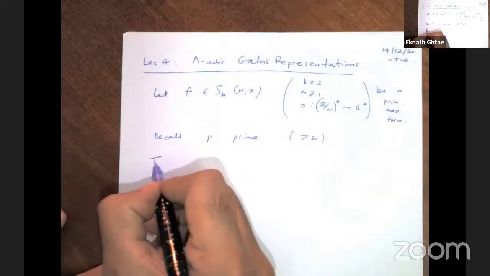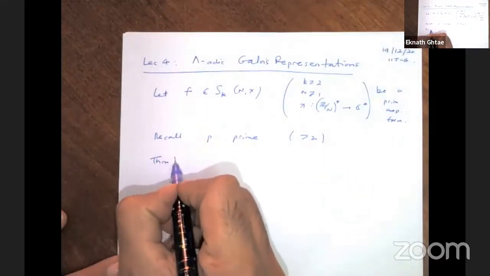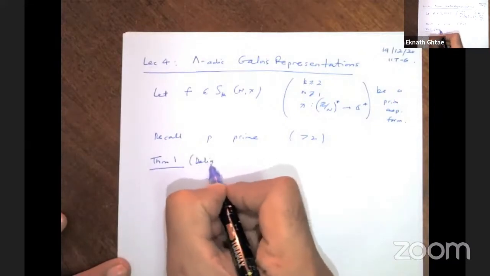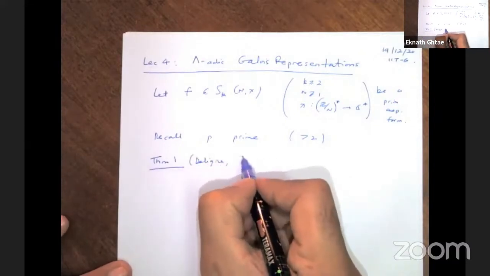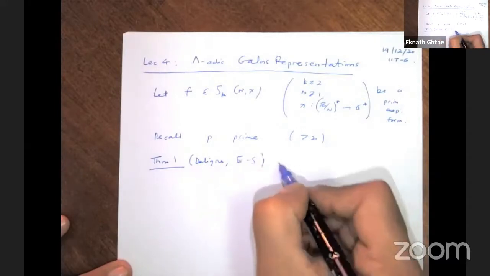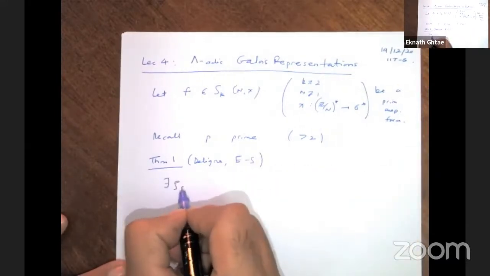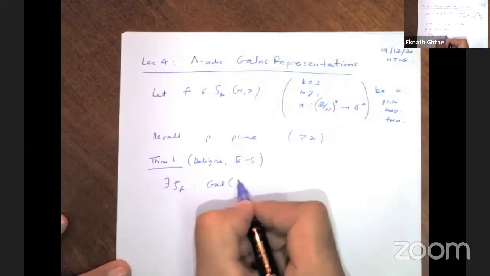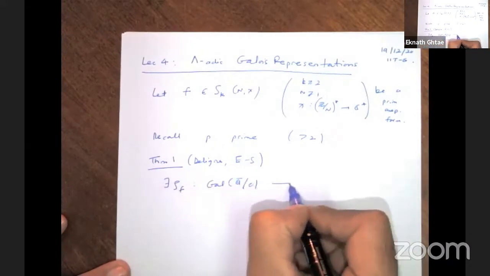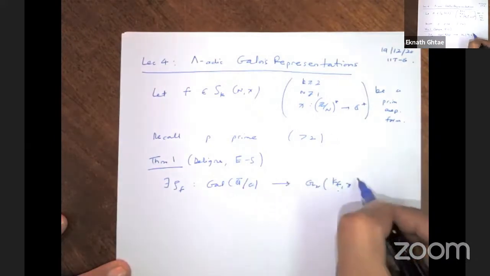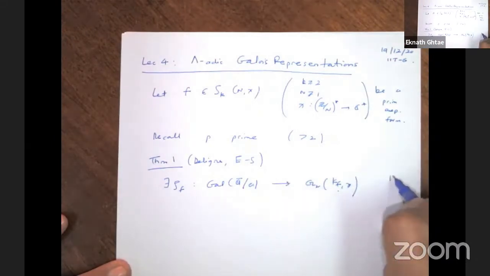And there's this theorem that I stated at the beginning due to Deligne and, well, in weight 2, it was already due to Eichler-Shimura. Given such an f, there exists a rho_f from the Galois group of Q to GL2 of a p-adic field. Remember, K_f was equal to Q of the a_n.